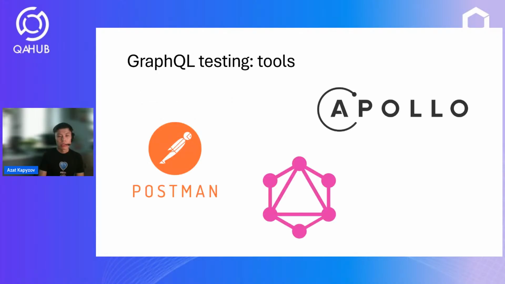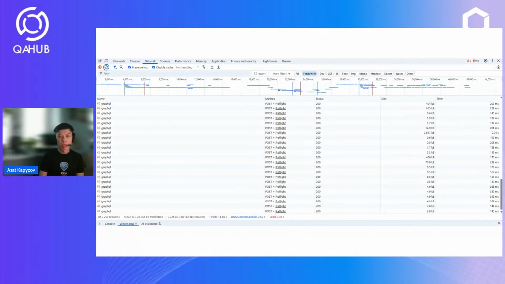Okay, and just a few words about testing tools. Of course, you are familiar with Postman. It can be used to test GraphQL API, but I will also tell you a little bit about Apollo and some other tools. So first of all, when I start testing GraphQL on my project, I face such an issue.